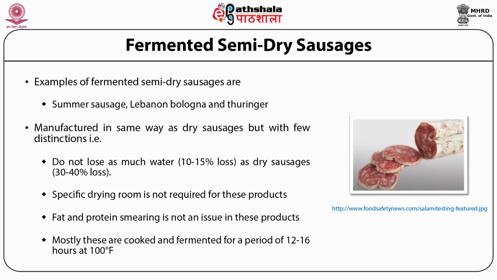Most semi-dry types are cooked following fermentation and exhibit finer grind and lower pH, less than 4.8. A typical summer sausage process would include a fermentation period of 12 to 16 hours at 100 degrees Fahrenheit.